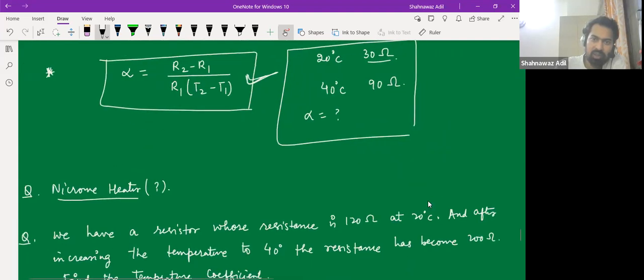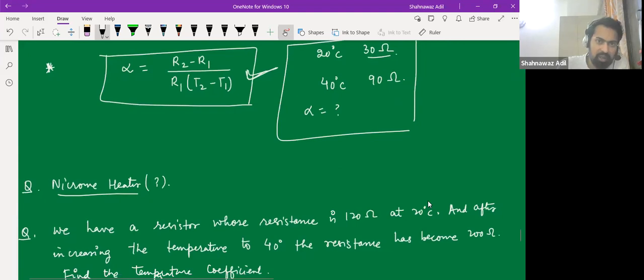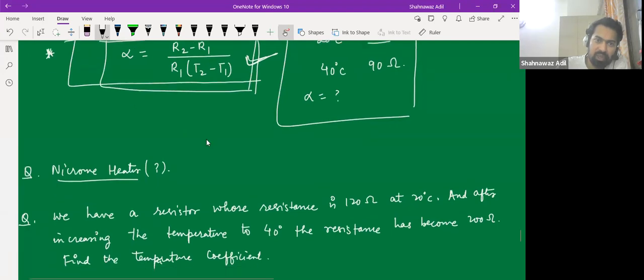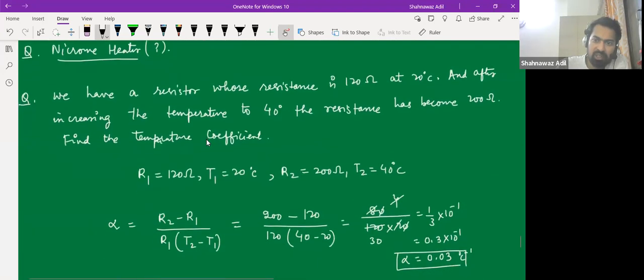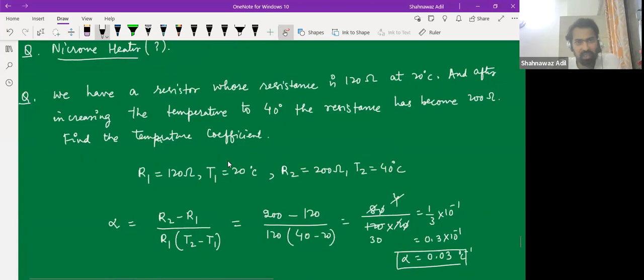Then please take this screenshot. This is a very important relation. So how can you calculate this temperature coefficient? Then this was the question that we did. Did you take the screenshot?